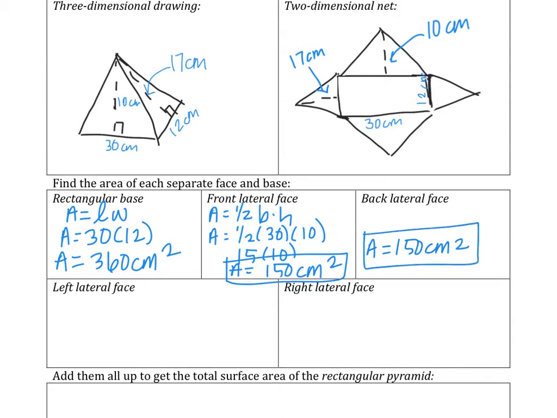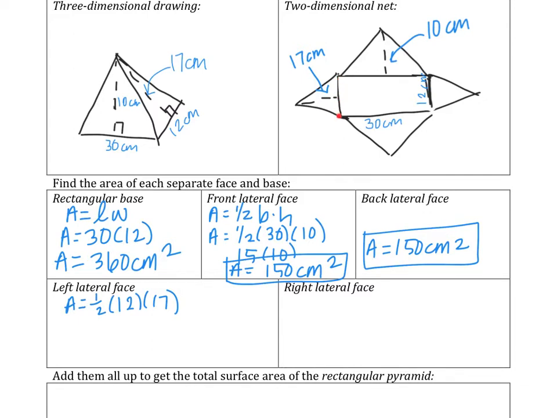And the left lateral face is going to be the one right here on the left. So that is going to be area equals half 12 times 17. The way that we got that is we're doing this triangle right here.